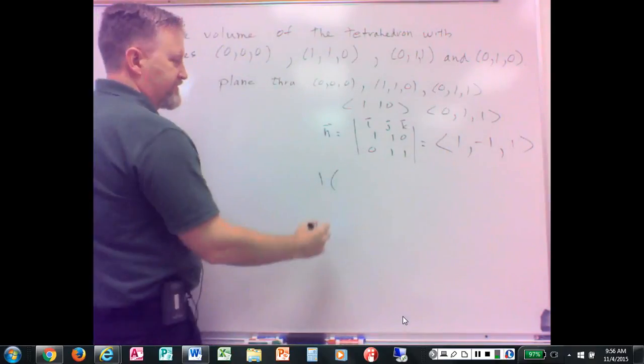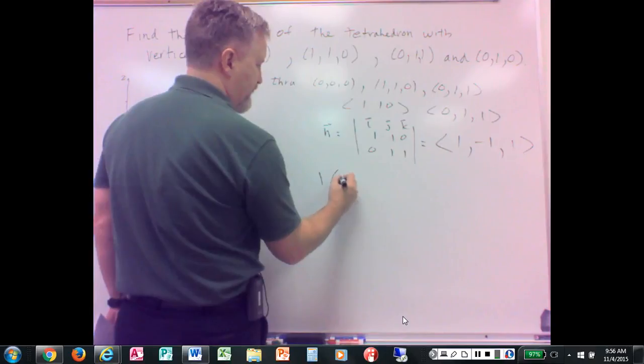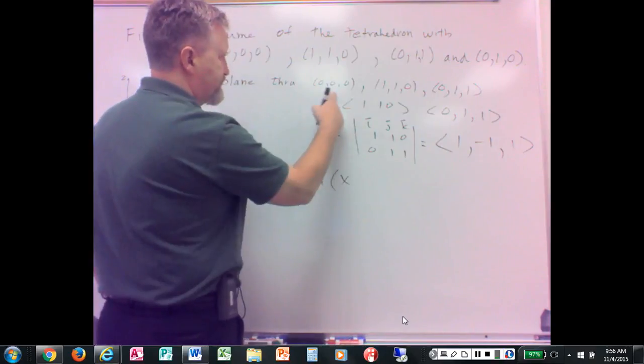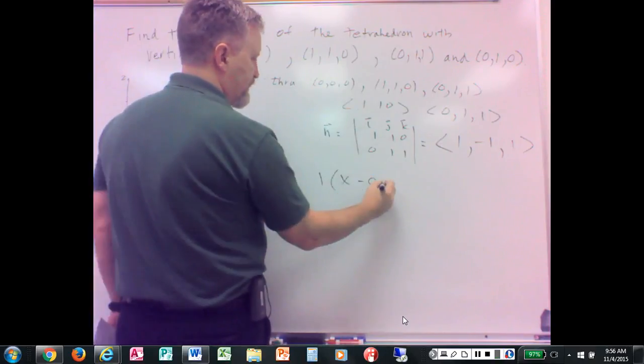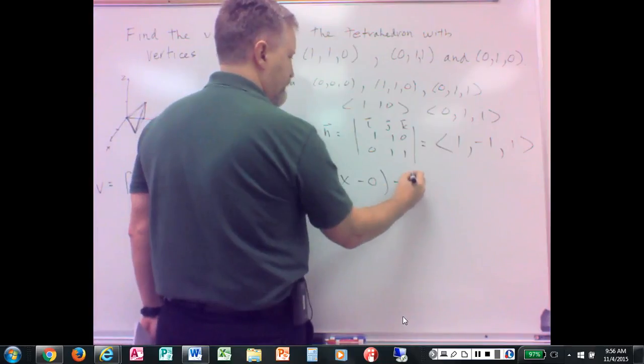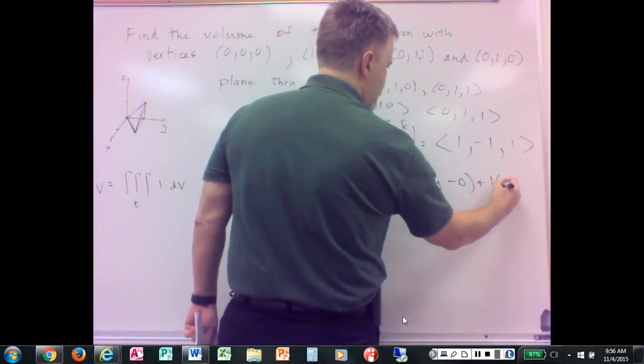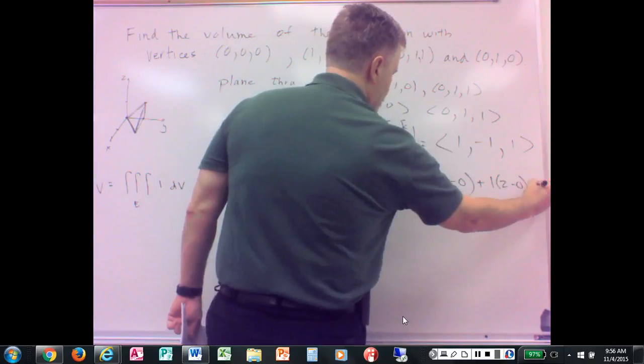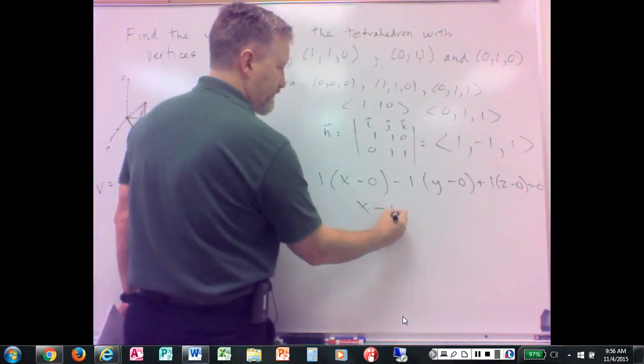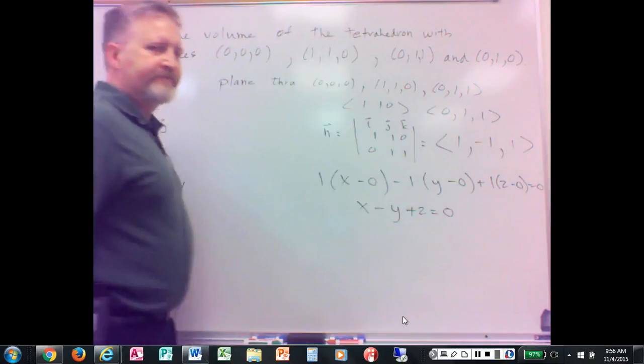It gives our coefficients, times our x, and we'll just use this point here in our plane. So we wind up with just x minus y plus z equals 0.